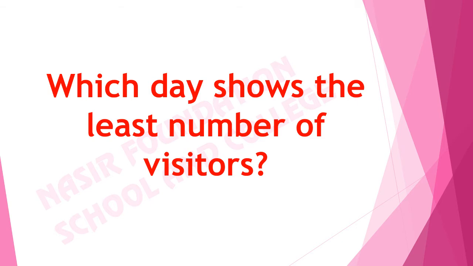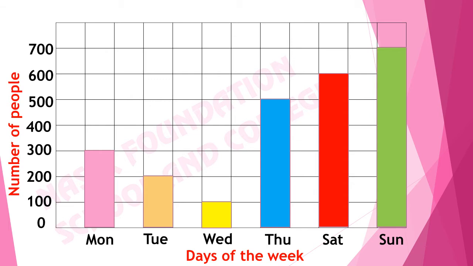Which day shows the least number of visitors? The minimum number of visitors is on Wednesday, as 100 people visited the zoo on Wednesday. So Wednesday shows least number of visitors.